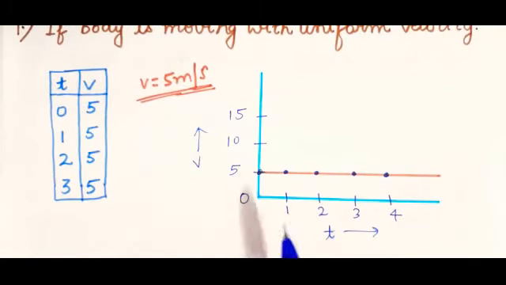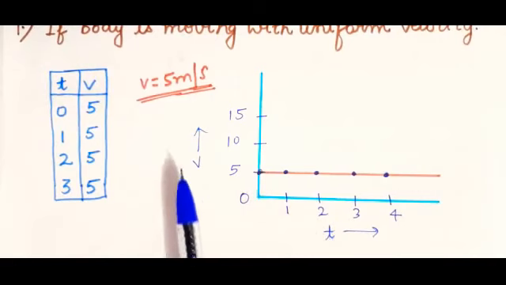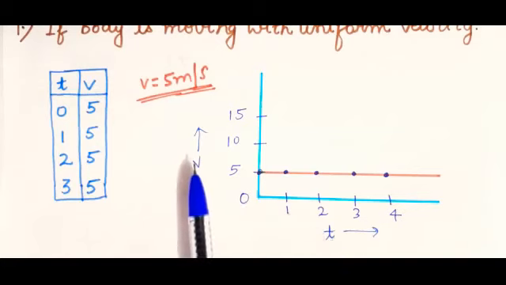Now let's start plotting a graph. In the graph, we will be taking time on x-axis and velocity on y-axis, similar to the distance time graph, where we took T on x-axis and distance on y-axis. So similarly here, T on x-axis, velocity on y-axis.